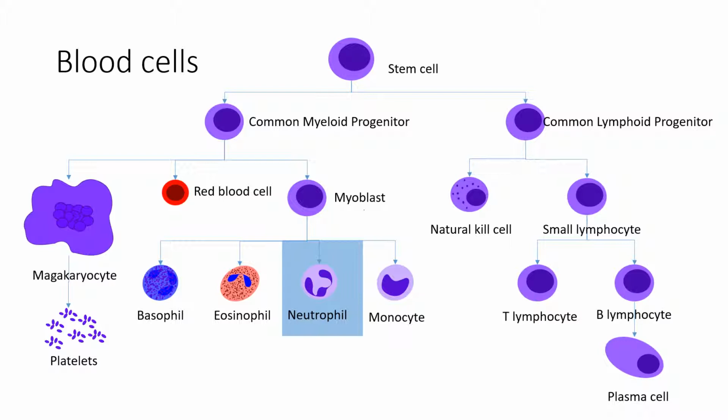Neutrophils are usually flowing in our body, and if we have an infection, they will arrive at the site the fastest. And later, monocytes could become macrophages in the late infection, like clean up.